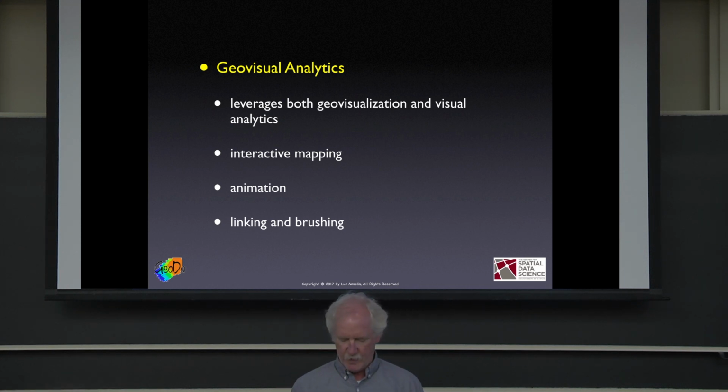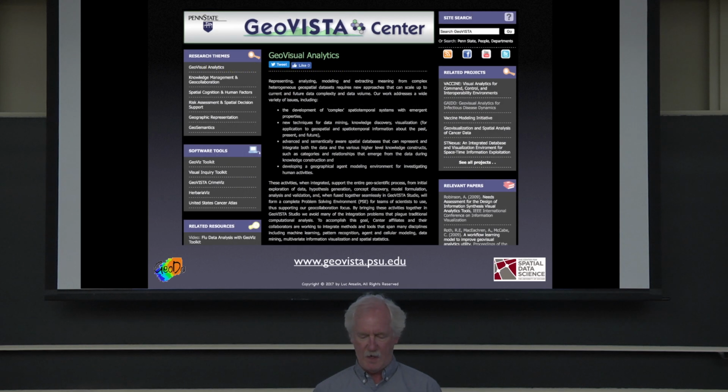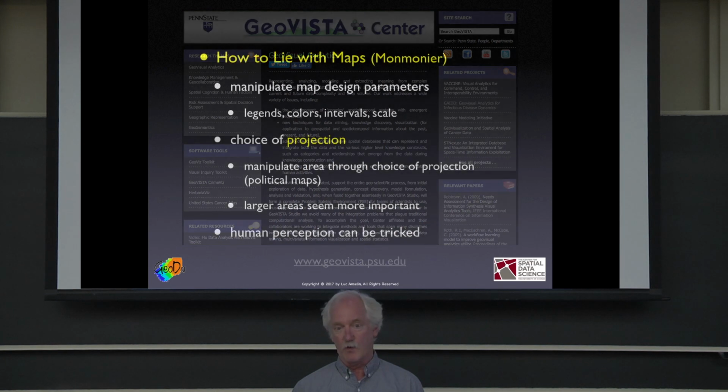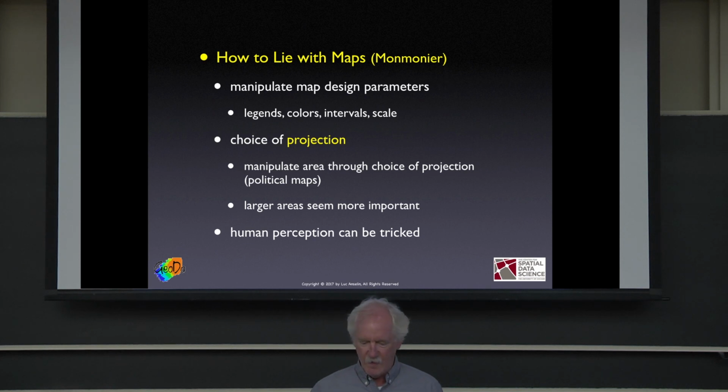We're already familiar. I know I'm going really fast because the interesting part comes, and I want to spend time on that. If you want to know more about the thinking behind this and some really cool examples, I suggest you visit this website at Penn State. There is a group that does a lot of this kind of work, other than our center here.